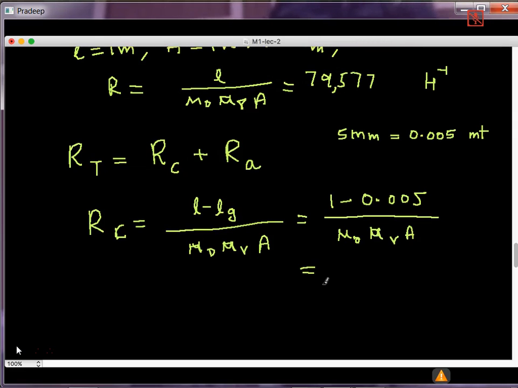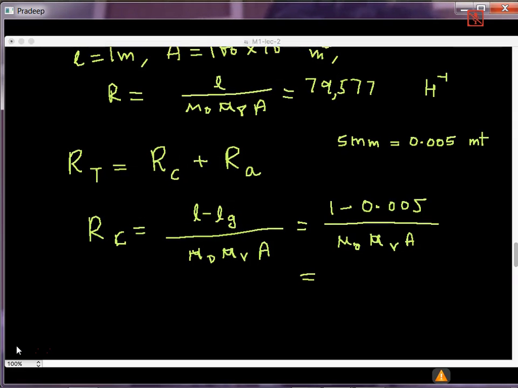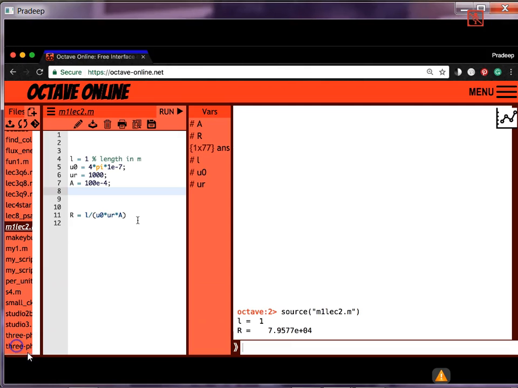So how much do I get? I'll just use my calculator. Length of air gap 0.005. The reluctance now will become, I'll write one more, RC, the reluctance of the core, that is nothing but L minus Lg over mu naught mu r A. Then similarly RA, the reluctance of the air gap.